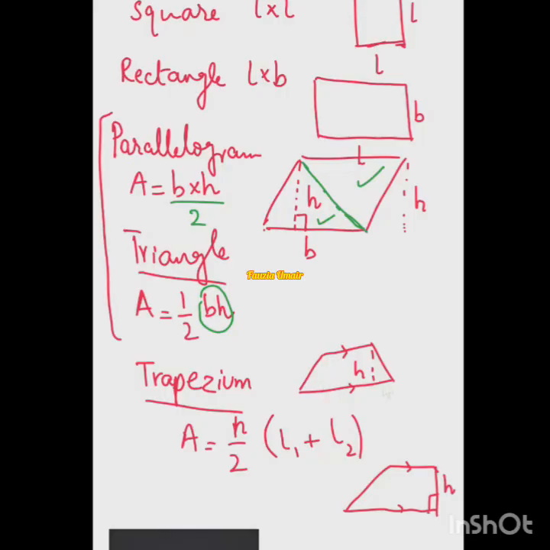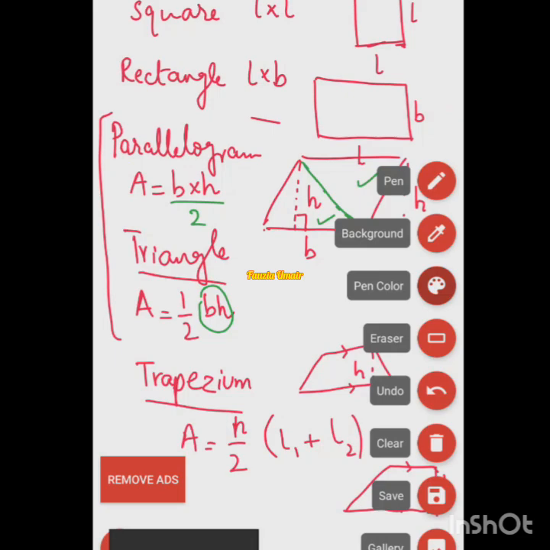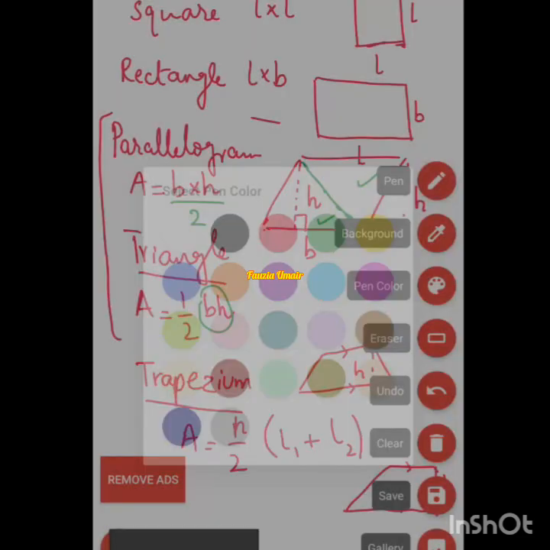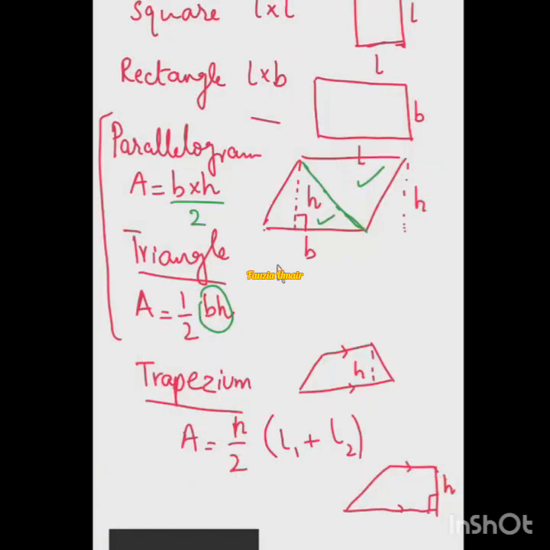Same is the case in triangles also. So in triangles, let me change the color so that you can see, there are three types of triangles. Sometimes if it is a triangle like this, then the height would be like this. Height is inside the triangle, and this is the base.